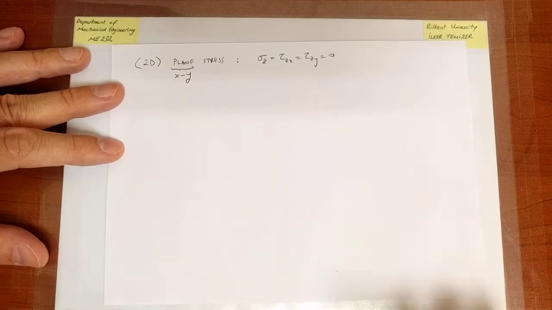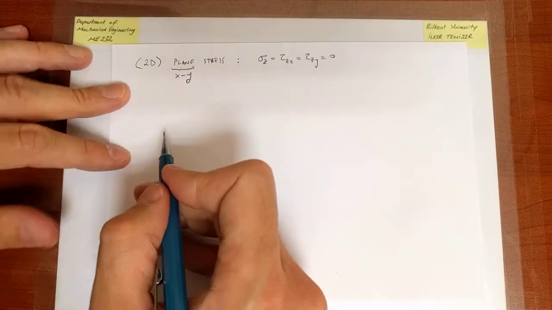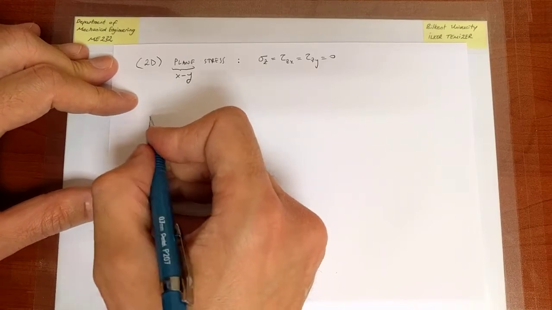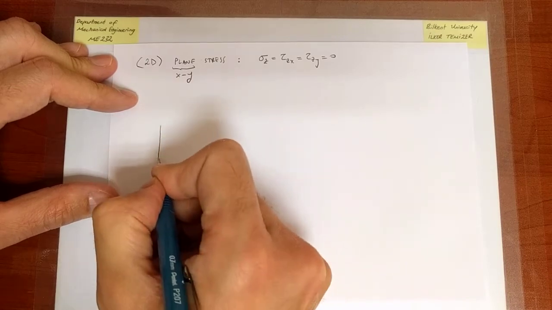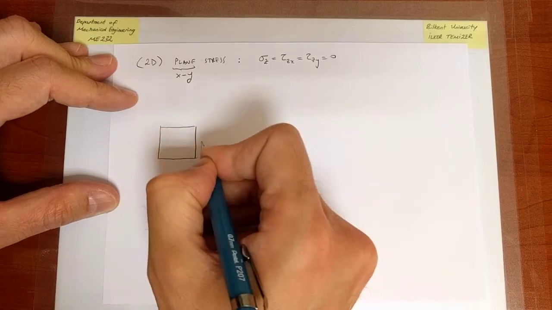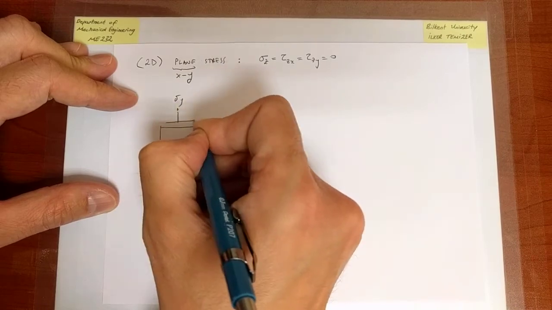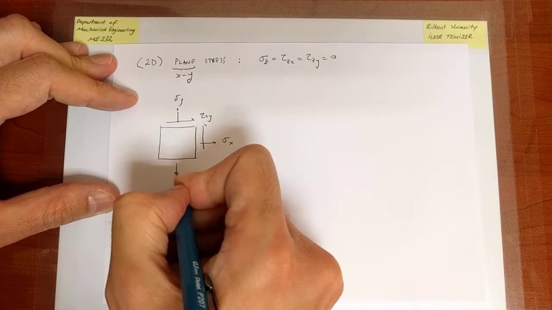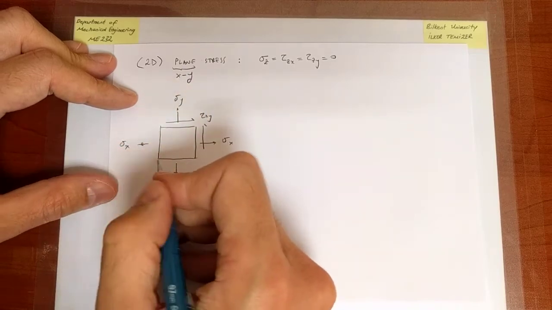All right, so now because we are making this assumption and because we have chosen as a convention to begin with the xy coordinate system, what we have is a picture that looks like this. So we have a sigma x, we have a sigma y, we have a tau xy, and it goes without saying that we have the same quantities on the other surfaces.